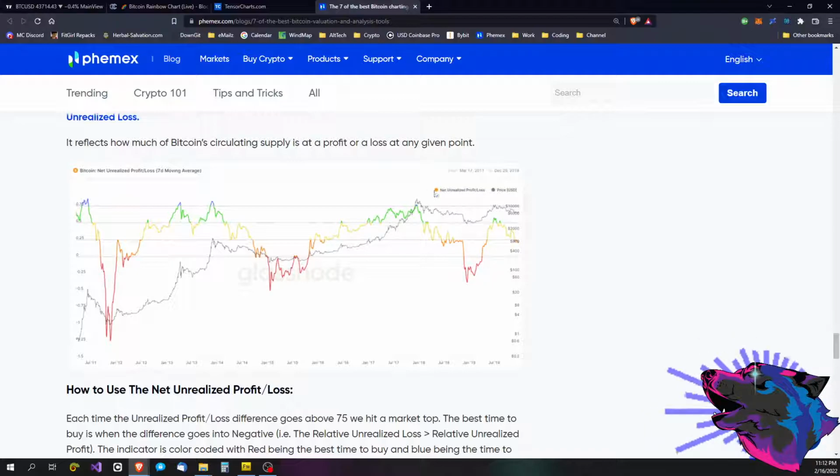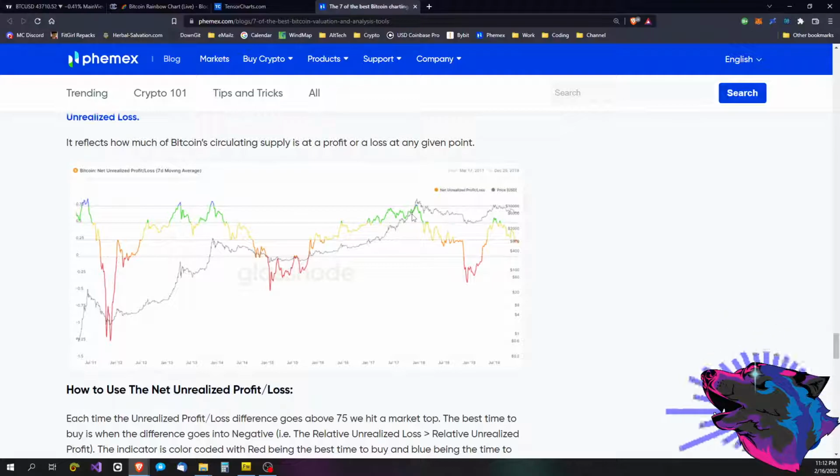But just taking a look here, net unrealized P&L is our little colored line, and this up here is our price. You can see as the price moved on, like over here during this little bull market run, most people were in profit. And then as we peaked, it started coming back. Obviously, it depends.